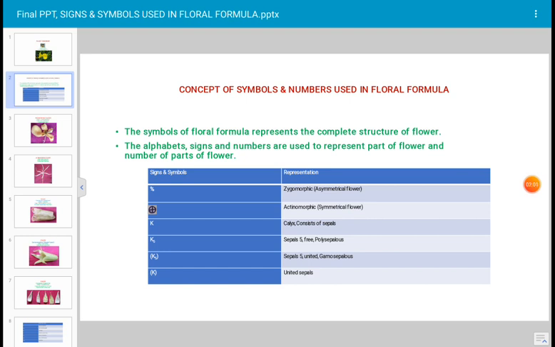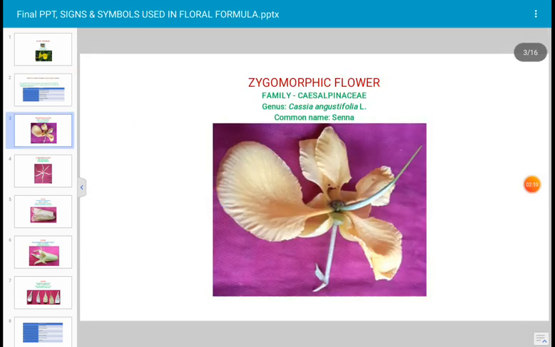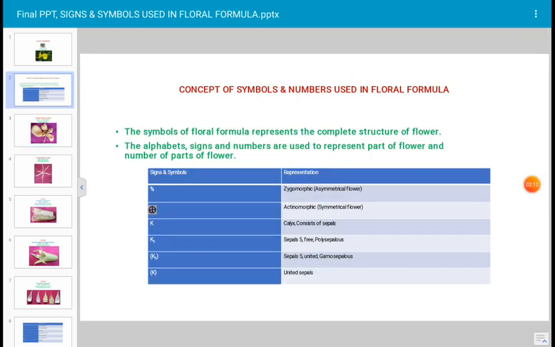If the calyx lobes or the sepals are free, then it is described as polysepalous. And if the calyx in the flower is united and the number of calyx lobes is 5, that is written in front of capital K. Capital K represents calyx and 5 represents the number of sepals, and we have to take this in a bracket.